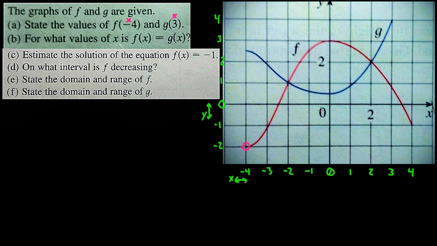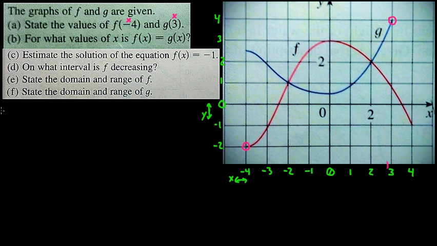Now we're going to find g. Let's go to g of x, and for the x value we're going to find 3 right here, on this axis. Of course, for this g function, its corresponding y value is going to be 4.